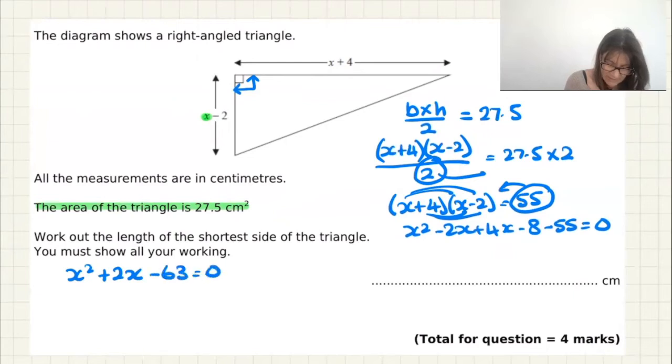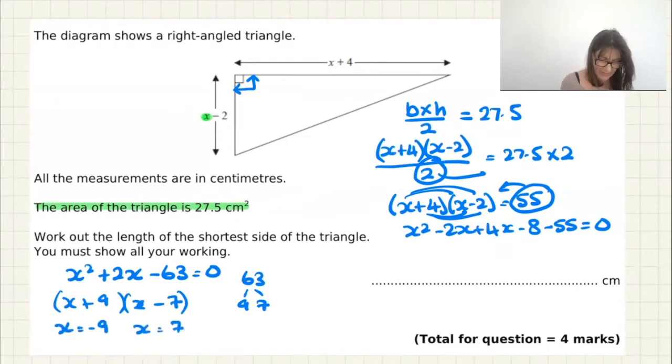That's going to equal 0. So I've got 3 terms, 2 brackets, x, pos, neg. 63 is made by doing 9 and 7. I want a positive 2, so the 9 will go there. And my solutions are x is equal to minus 9 or x is equal to 7.